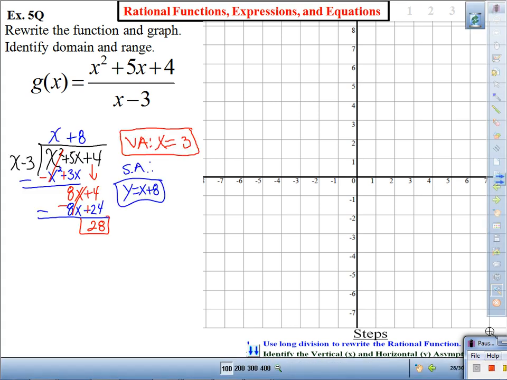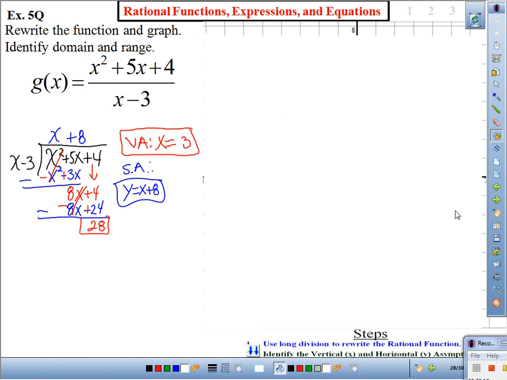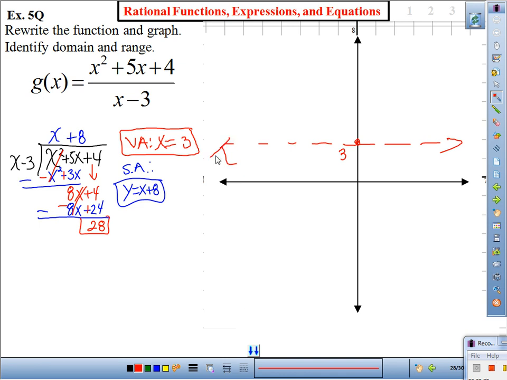Okay. We got for our slant asymptote y equals x plus 8. Yeah. And for our vertical, x equals 3. And how does that look in a graph? Let's see. Positive 3, which is right there. Positive 8 is up here. And then it's 1 over 1.